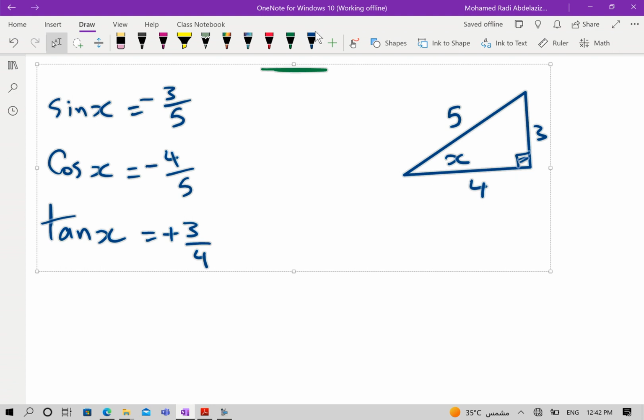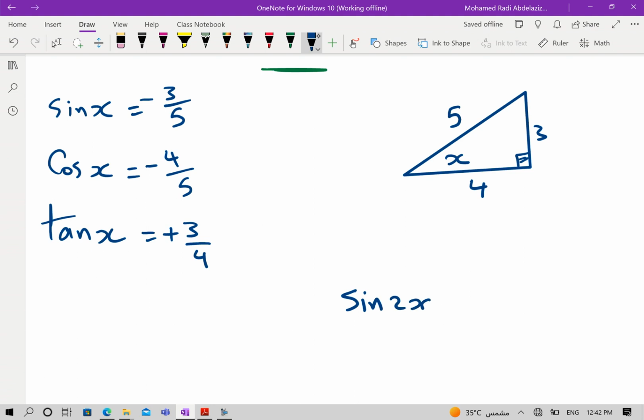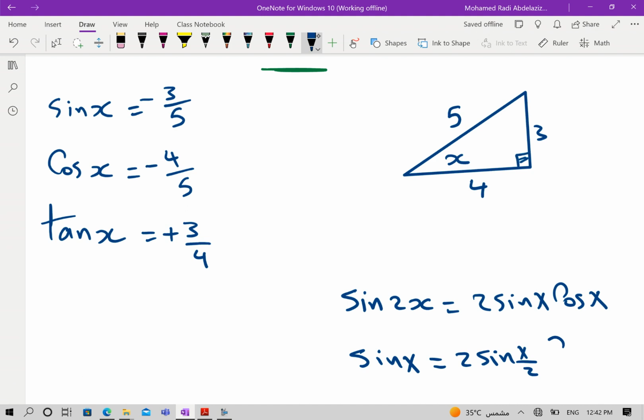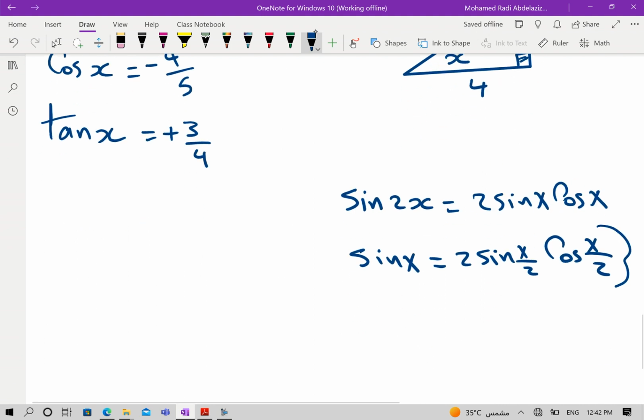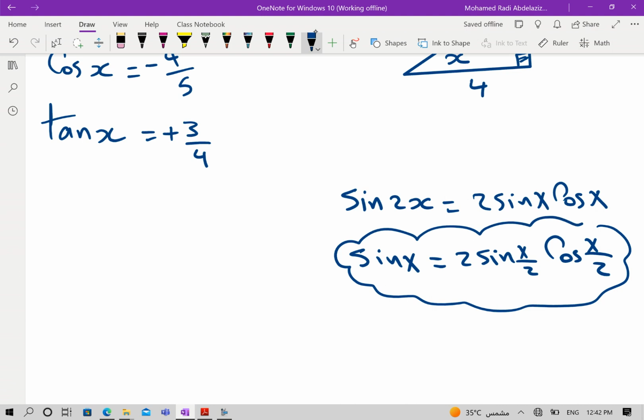I will explain if sine 2x is given. What is the form of sine 2x? 2 sine x cosine x. So sine x will be 2 sine x over 2 cosine x over 2. Is it easy to get sine x over 2 or cosine x over 2 as a subject?